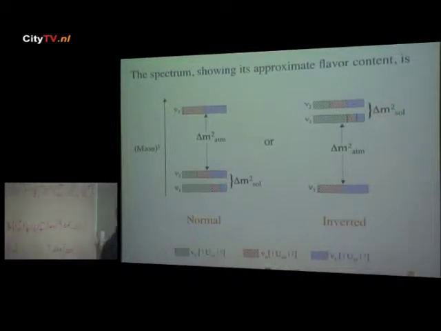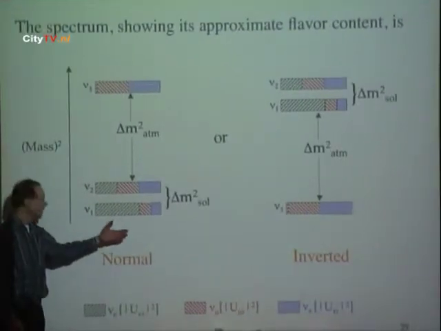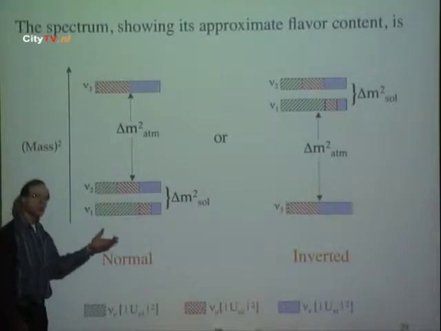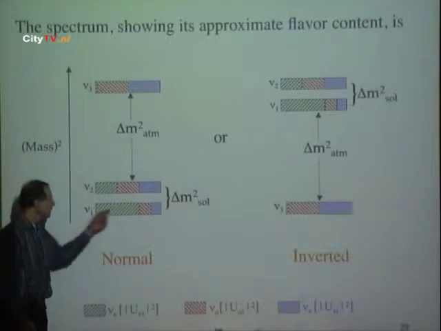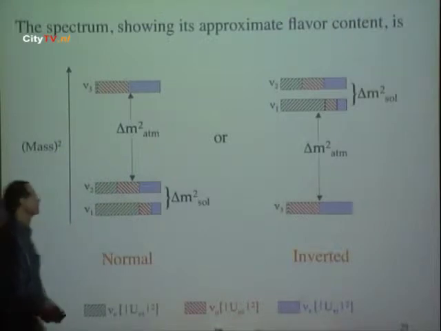And once again, what these fractions mean is, if this mass eigenstate interacts and makes a charged lepton, the probability that that charged lepton is in particular an electron is the green fraction of this neutrino. The fractions being normalized to 1. Okay.